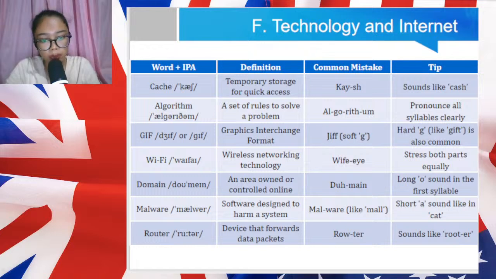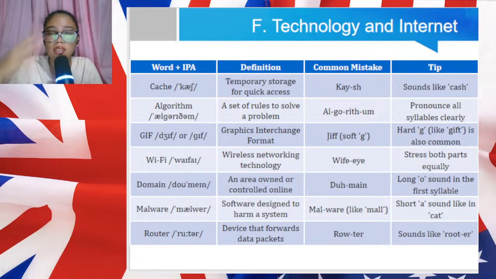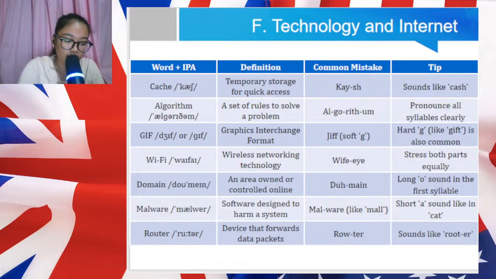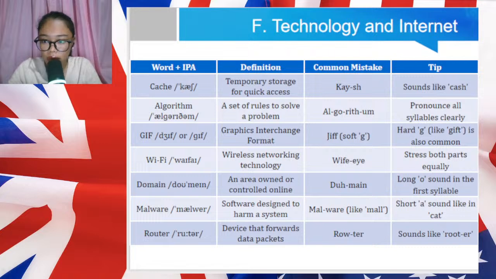So we try to understand the different words that are commonly used and commonly mispronounced under this topic, under this theme, which is technology and internet, because it is apparent in our lives. It is part of our lives already. All right, let's have the first one.